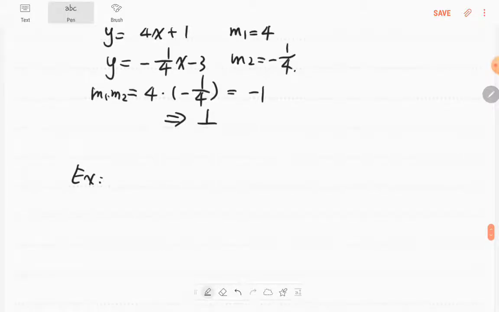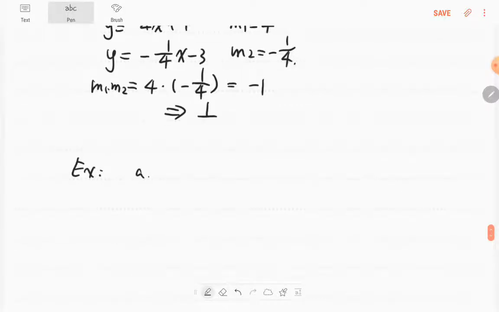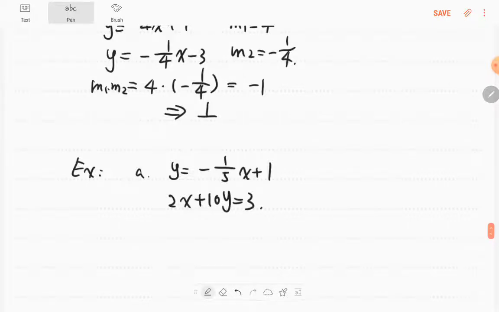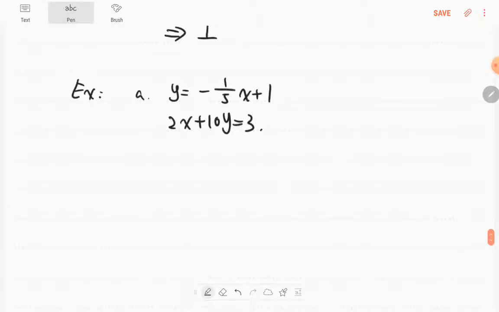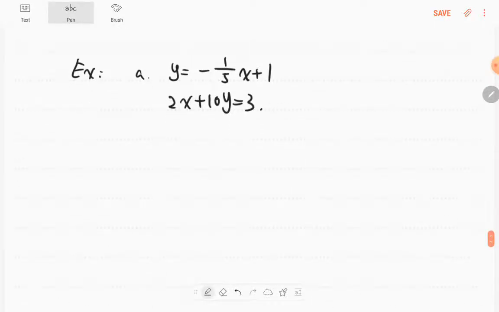We have several pairs of lines, so we want to know the relationship. For example, we have this one first. To get the conclusion of parallel or perpendicular easily, we need to check the slope and the intercept, right?